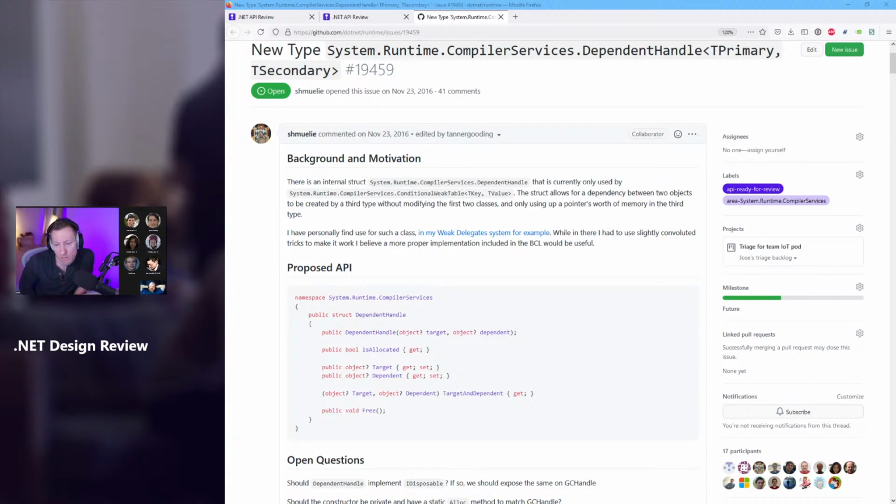Sure. Yeah, I mean, why do they need to be get set? Because that's how they are today. Dependent handle, as it's used by conditional weak table, allows you to get or set the values. It is not a read-only struct.